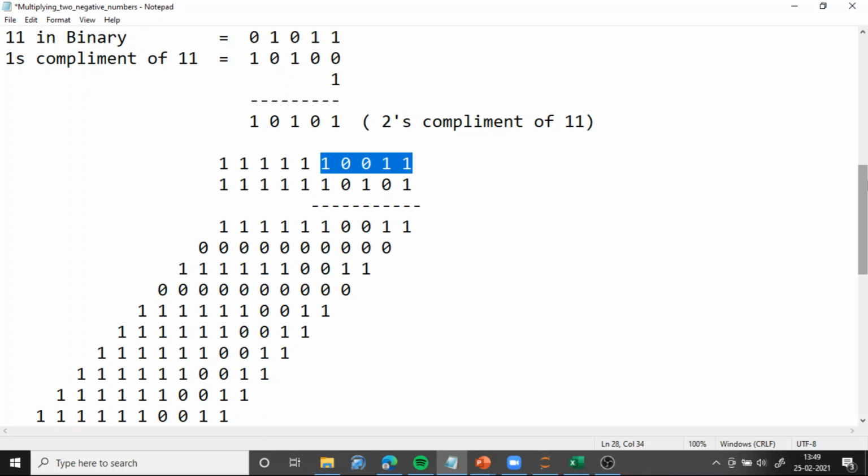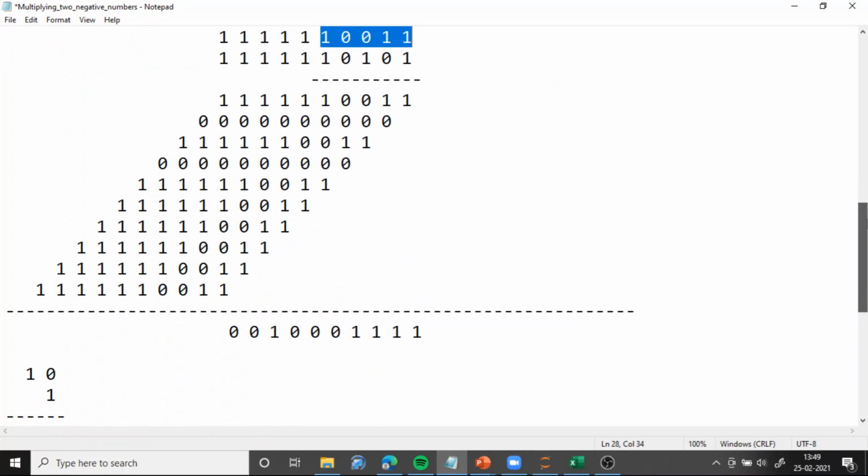The multiplicand and the multiplier are 5 bits, so the output we need is only 10 bits. So you can stop at the 10th bit: 1, 2, 3, 4, 5, 6, 7, 8, 9, 10. After reaching the 10th bit, you can stop. No need to continue further, right? So add all this as per the normal rule.